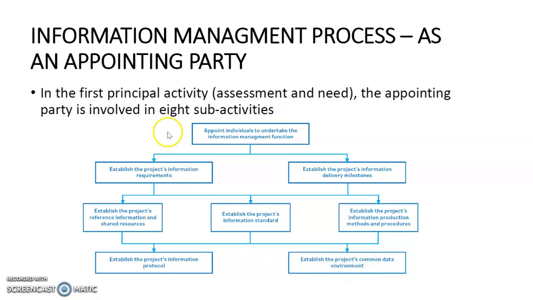Sometimes the owner can engage a consultant to undertake all these 8 activities for him.